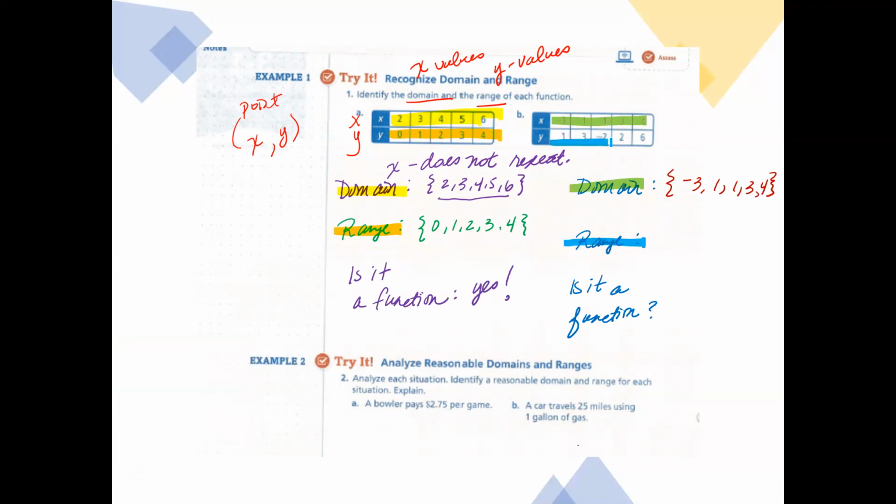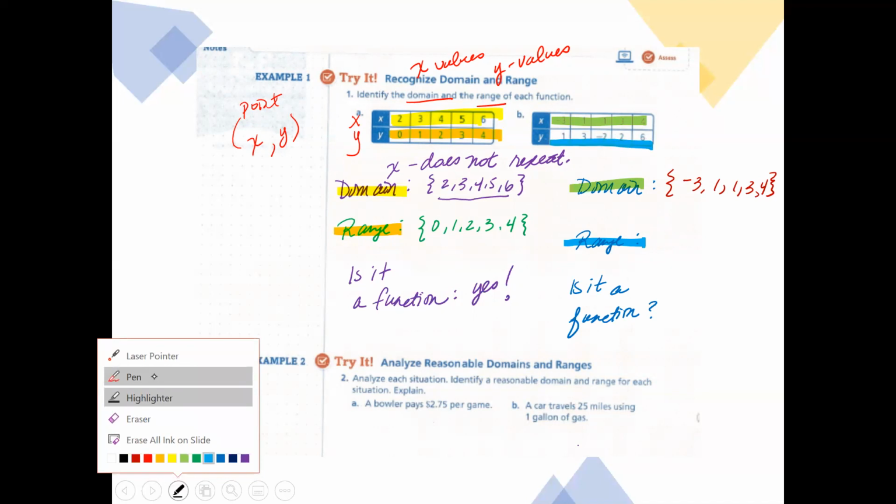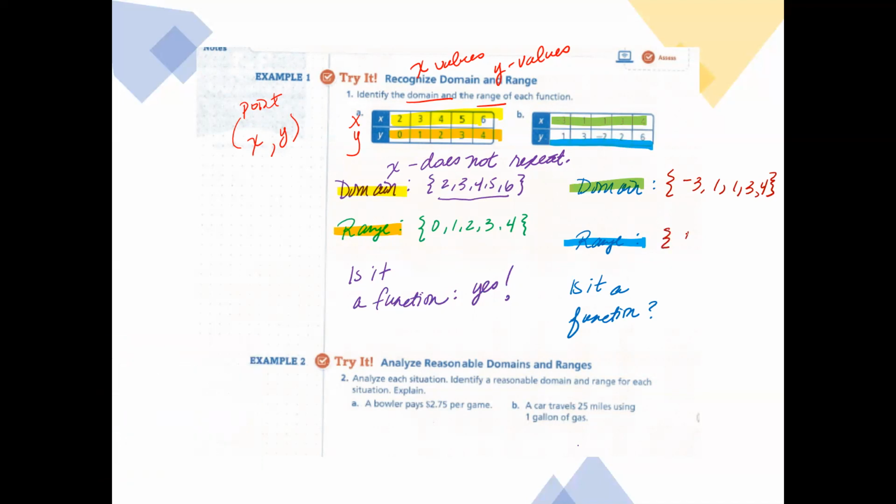The range are all of the y values, so that would be 1, 3, -2, 2, and 6. Now it's great if you can write this in order: -2, 1, 2, 3, and 6. Is it a function? Well, do you have anything in the domain that's repeating? Yeah, x is repeating, or excuse me, 1 is repeating. So nope, it is not a function.